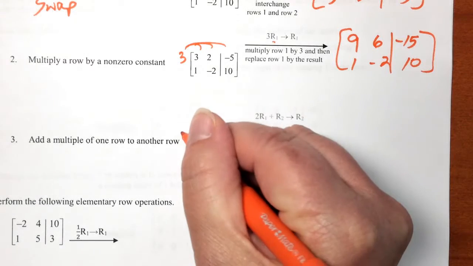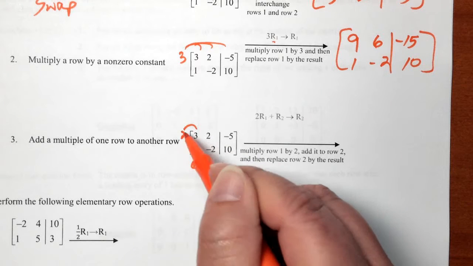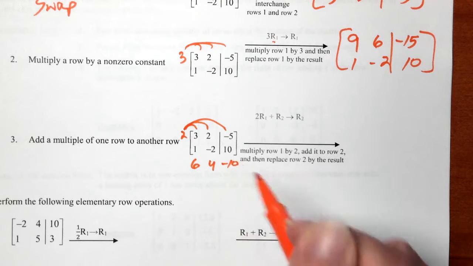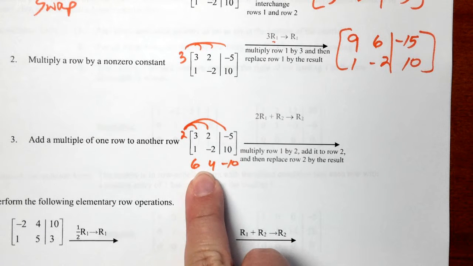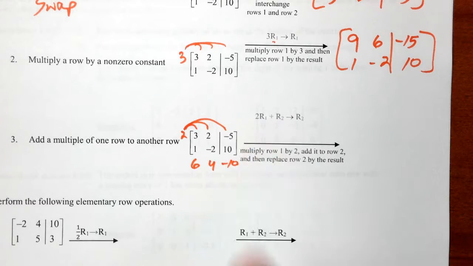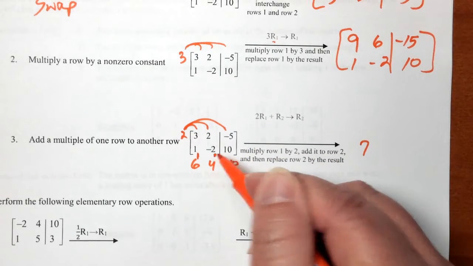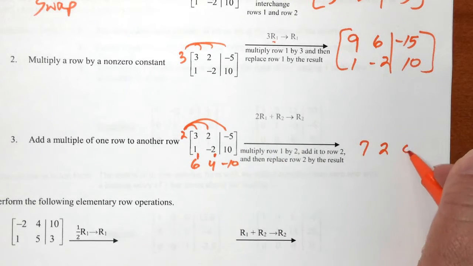Okay, so 2 times row 1 is 2 times 3 is 6, 2 times 2 is 4, 2 times negative 5 is negative 10. So I've successfully multiplied row 1 by 2, and I'm supposed to add those numbers to row 2. So 1 and 6 is 7, negative 2 and 4 is 2, and 10 and negative 10 makes 0.